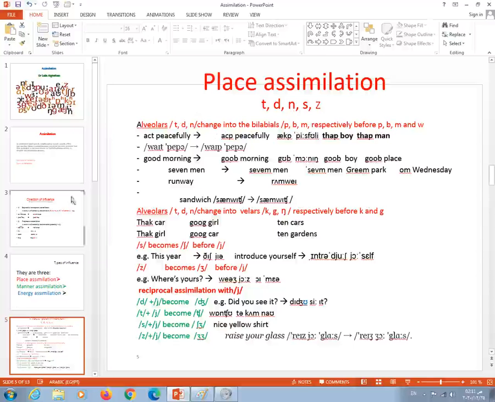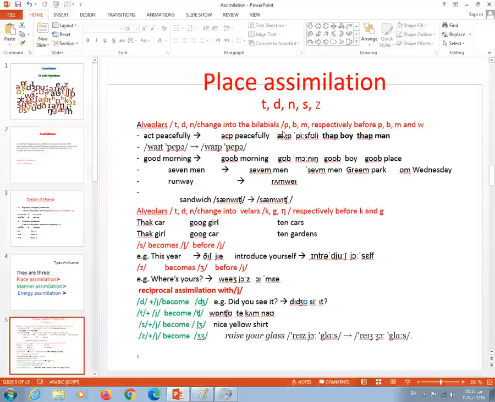After p, b, m and w. So the t changes into p before p, b, m and w. أوكي. ساعة ما اشوف الت جه وراها واحدة من ال four sounds, a word starting with any of these four consonants, I change the t into p.